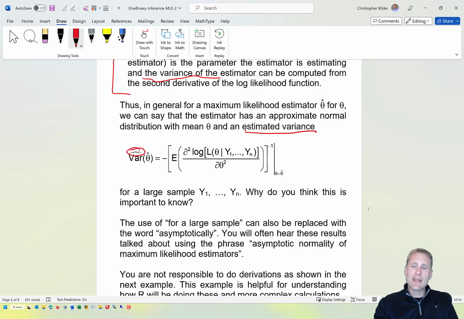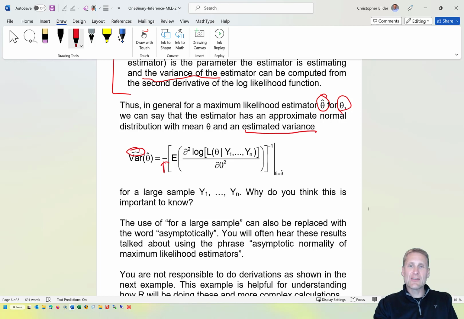In general, for a maximum likelihood estimator, call it theta hat, the Greek letter theta, which is trying to estimate a parameter in our population called theta, the estimated variance of theta hat is the following. Put a negative out in front.